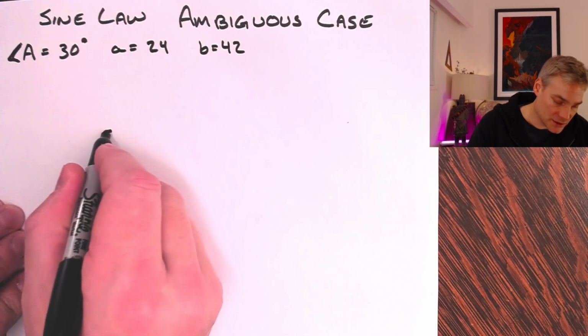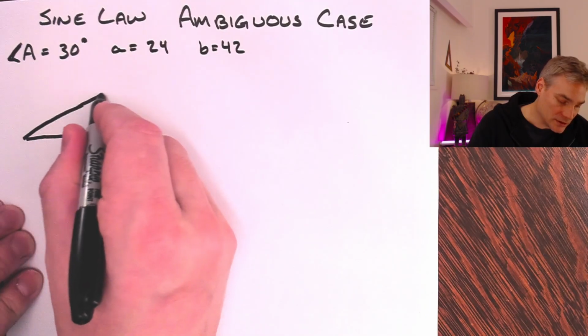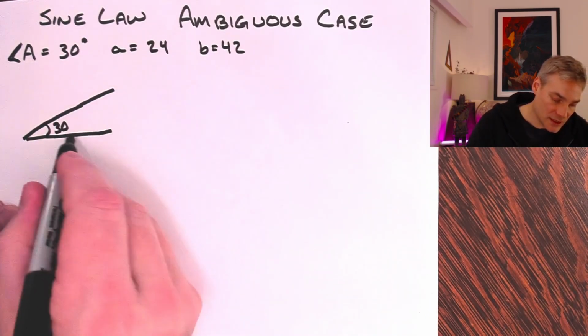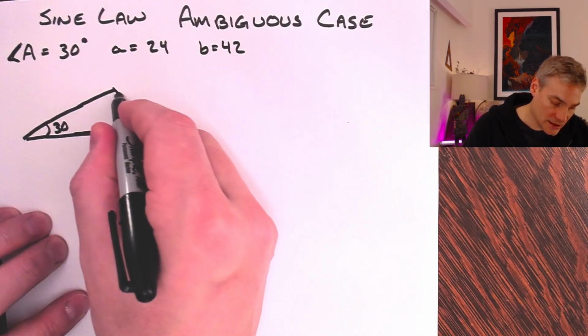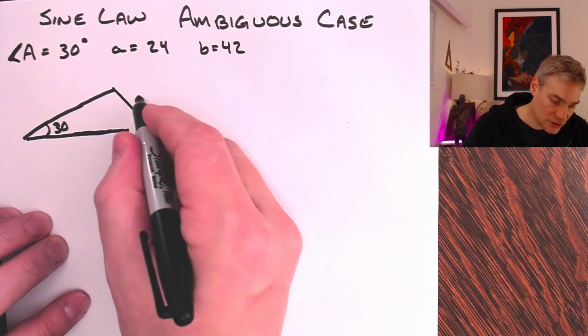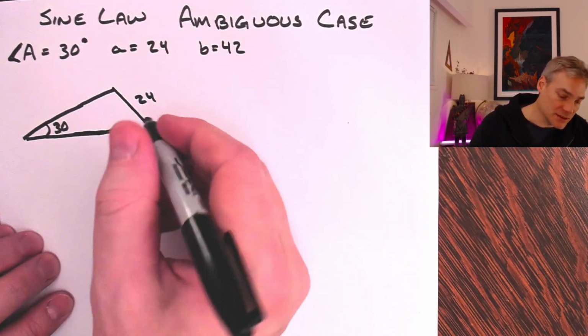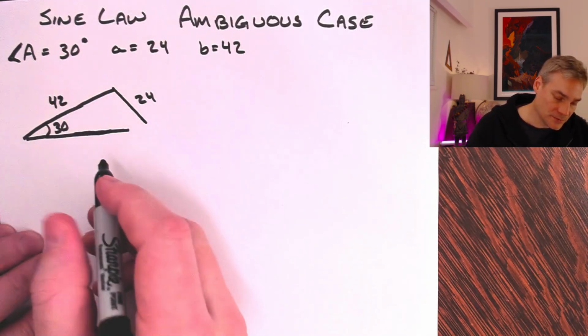I have this, and this is going to be 30 degrees, and this is my base, and then I have this side a, and this is 24 units, so we could call it centimeters. And this is my side b, and this is going to be 42.